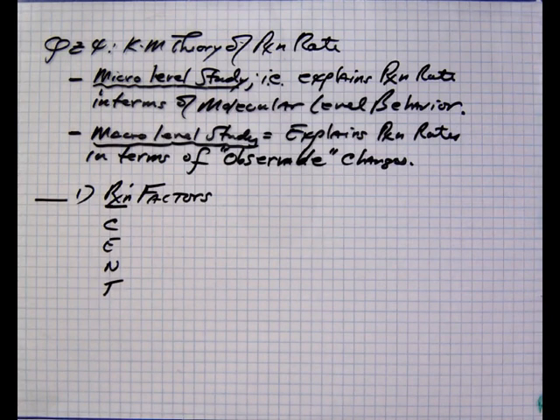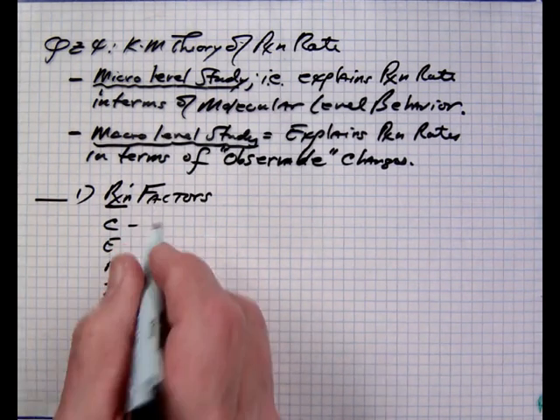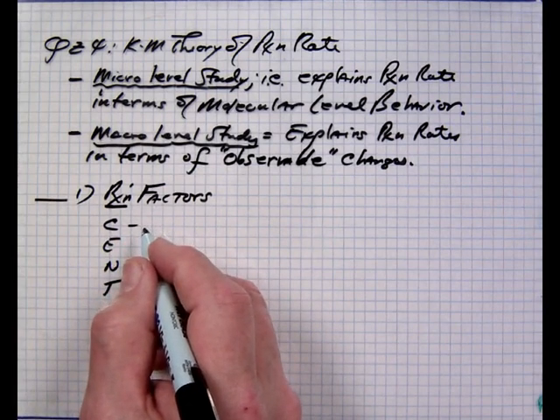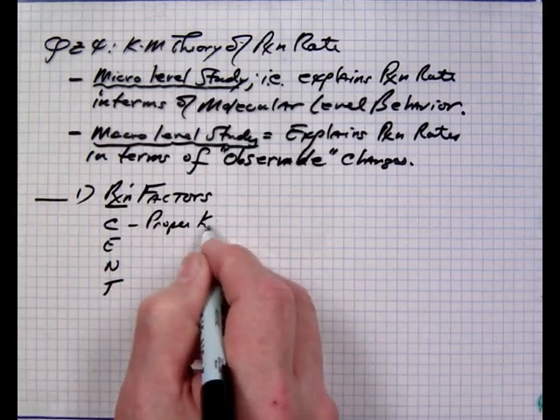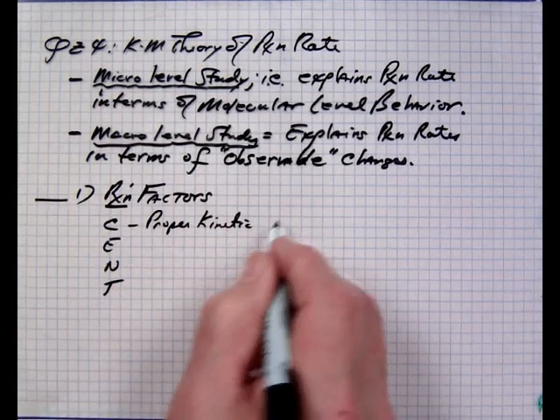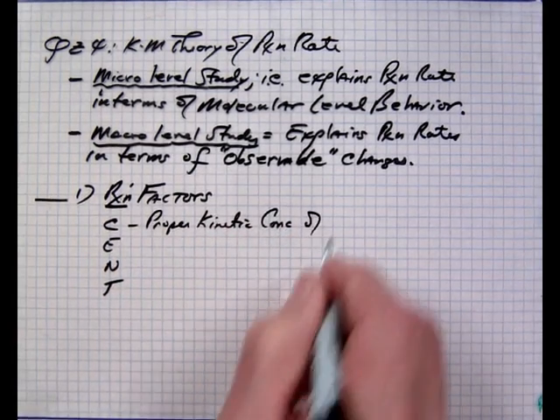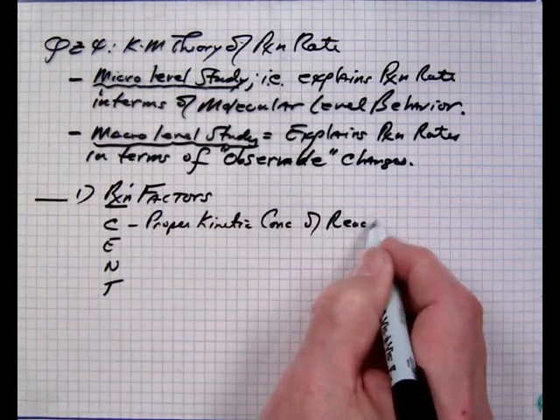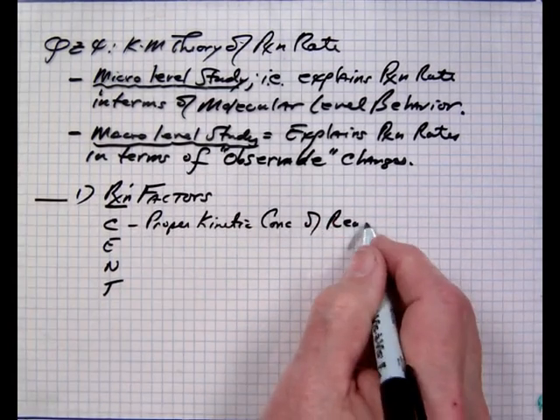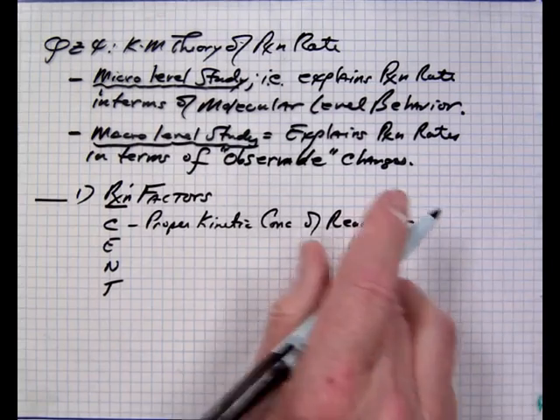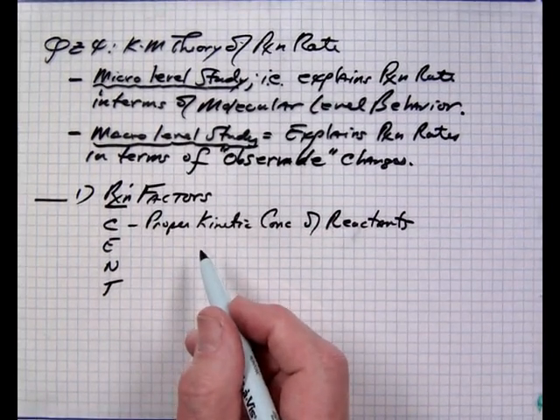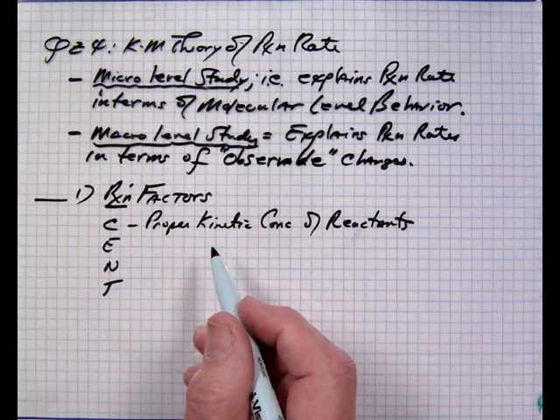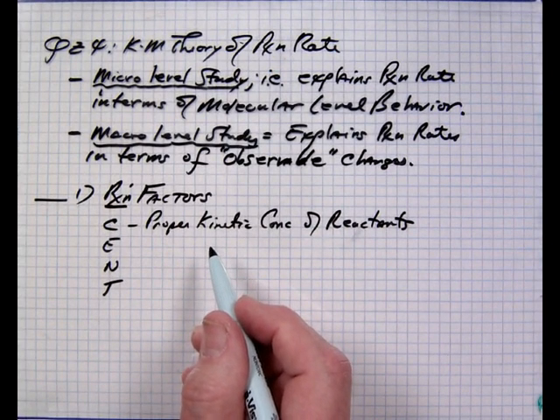That's the difference. You must have a kinetic concentration, or a proper kinetic concentration of reactants. Meaning that the reacting particles must be able to find one another in order to react.